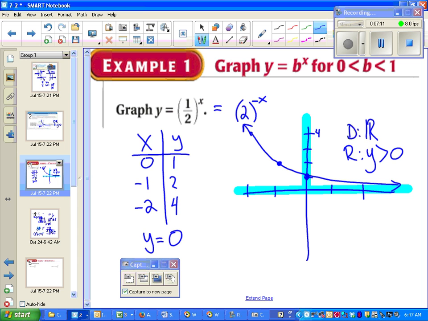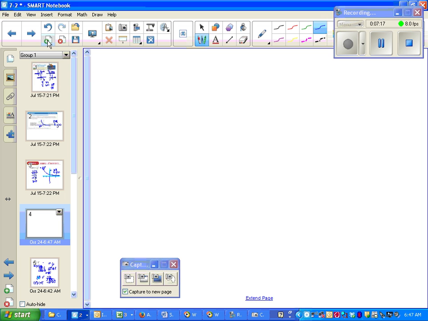Side quest time. In your notes, I'm going to put up 3 problems that I want you to evaluate on your own, and then we'll go on to the actual example.